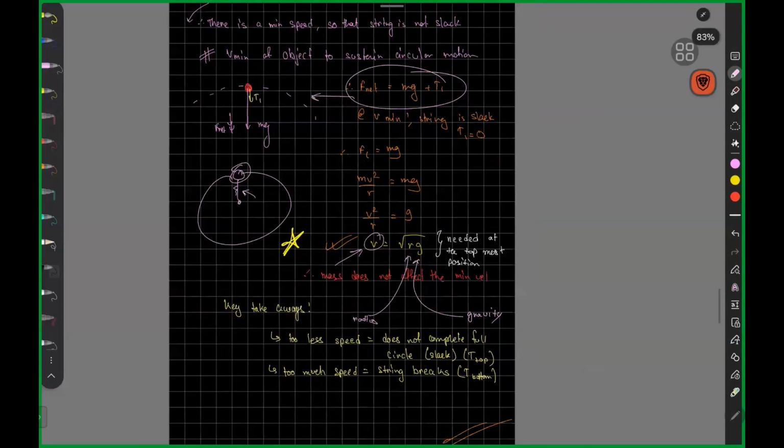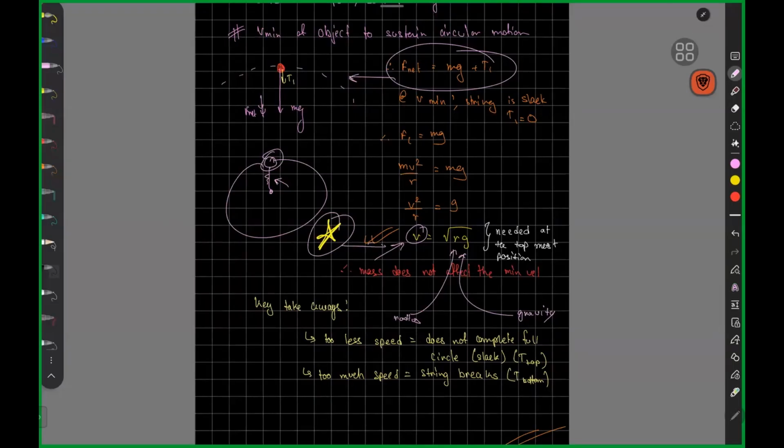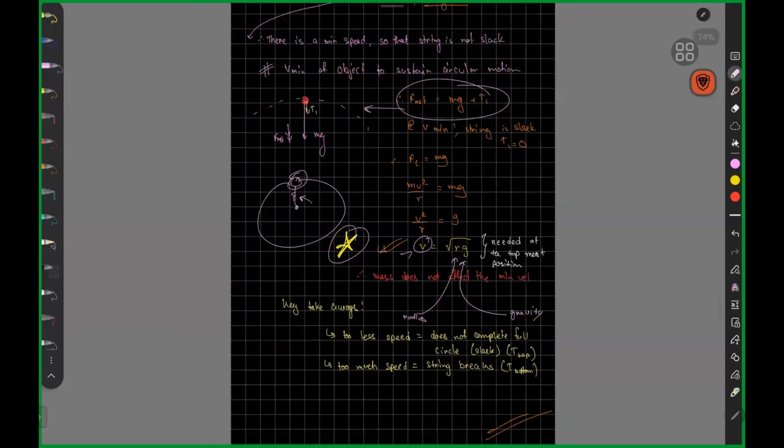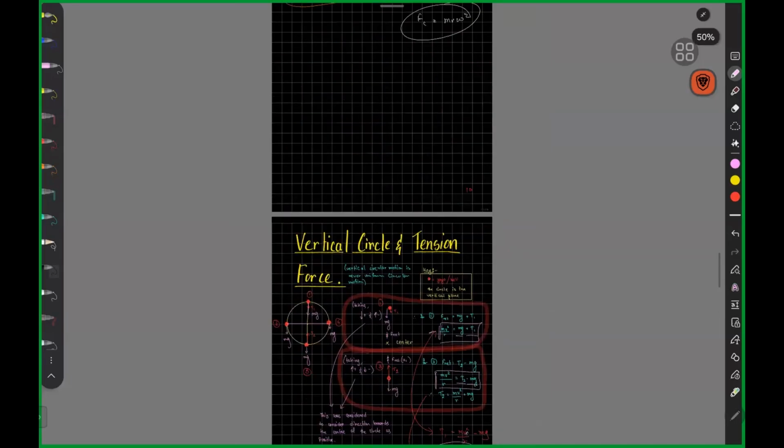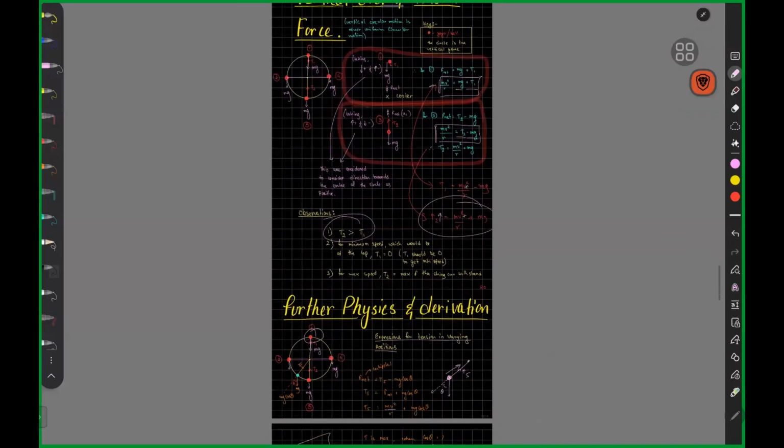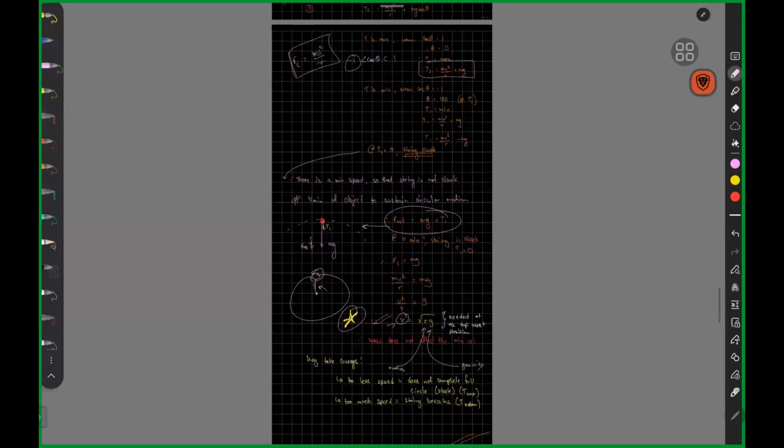So this formula, you can see the star, decently important. They may ask you, what is the minimum speed for the object to remain in vertical circular motion? And this is what you're going to use to answer. And all of this is basically the proof of everything we did.